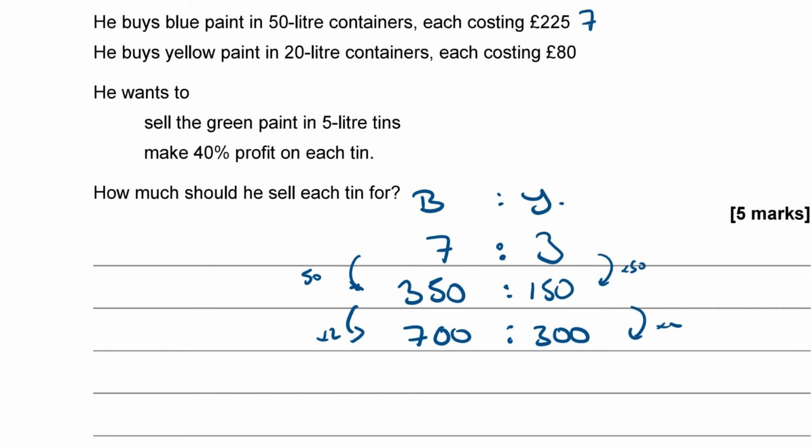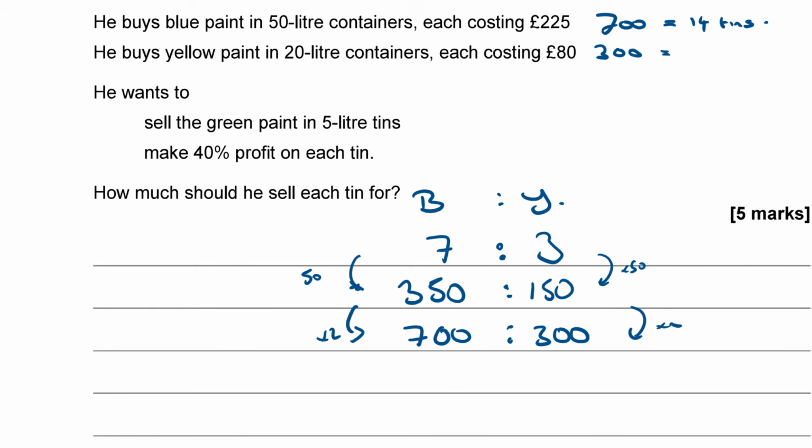So if I want 700 litres of blue paint, then how many pots of blue paint are we talking about? We're talking about 14 tins, aren't we? So that equals 14 tins. Okay, and for that I would need 300 litres of yellow paint.